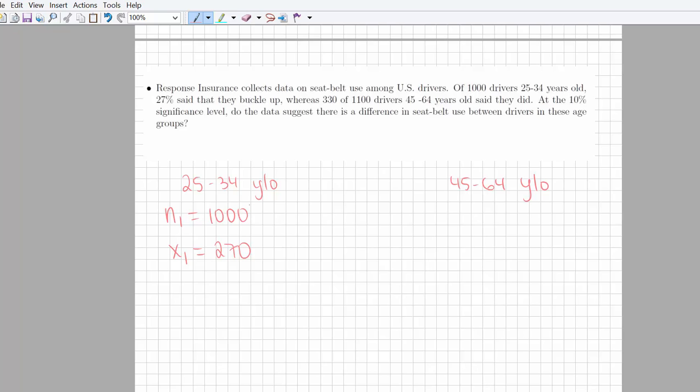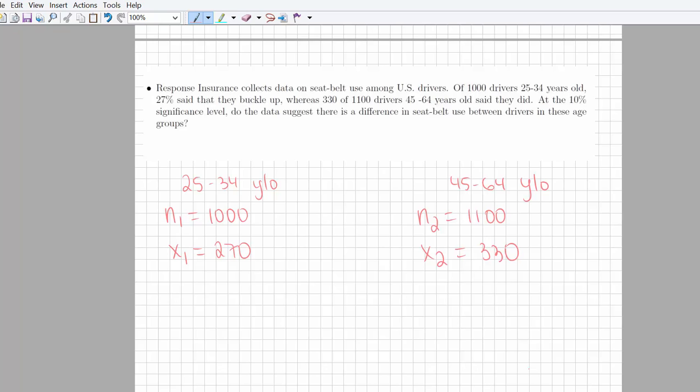If this number wasn't as easy to compute, you would actually have to compute the number of people who responded. Now in this case it's easy because it's 1,000, right? So what about the other group of people? Here we have 1,100 people, and out of those, 330 said they use seatbelts.